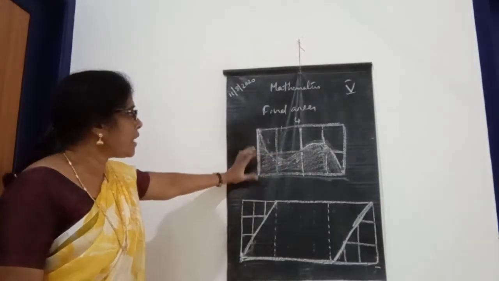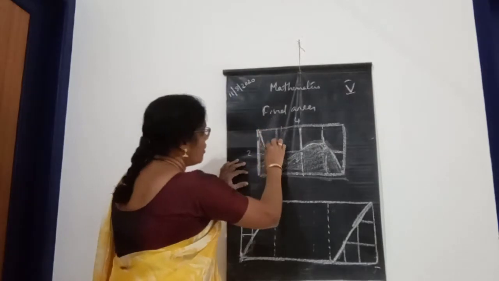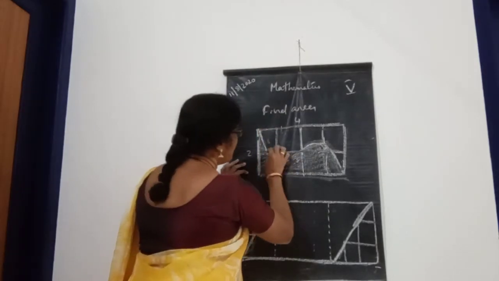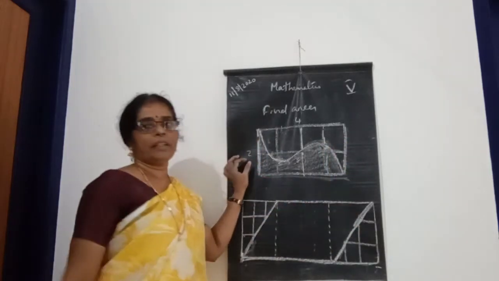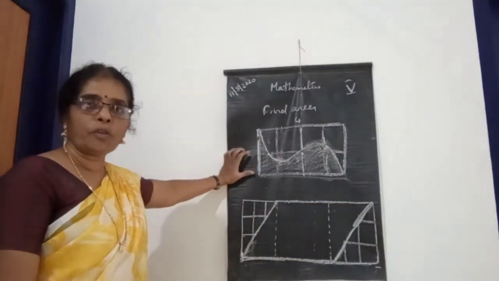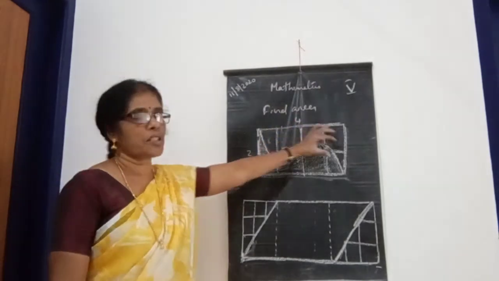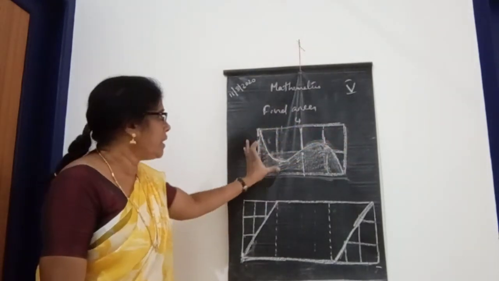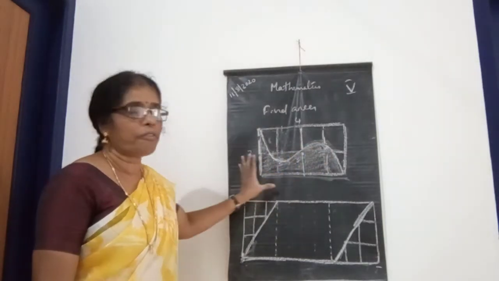What is the area of this shaded figure? This one is the shaded figure. If you observe this figure, you can understand this shaded portion is half of this rectangle.